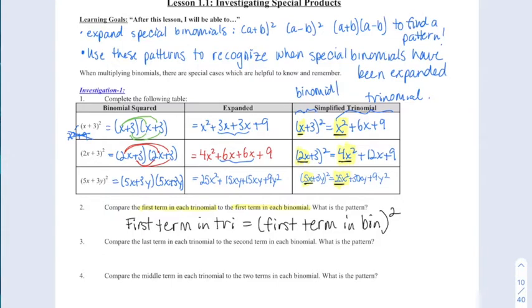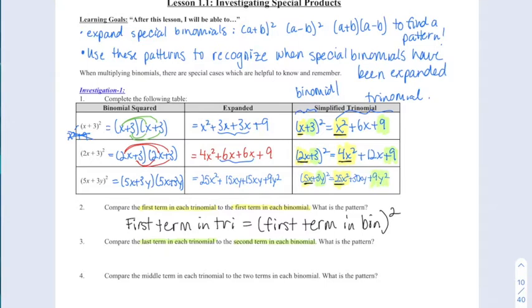Now let's have a look at the second question. It says compare the last term in each trinomial to the second term in each binomial. Okay, so here's the last term in the trinomial, and here's the second term in the binomial. And we can see a pattern here as well.